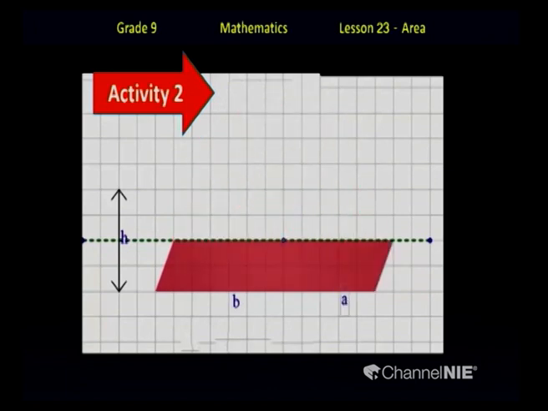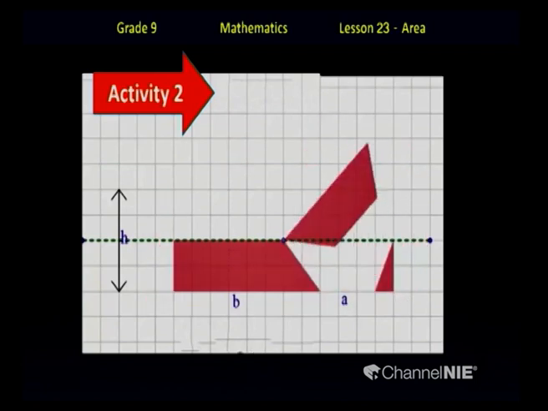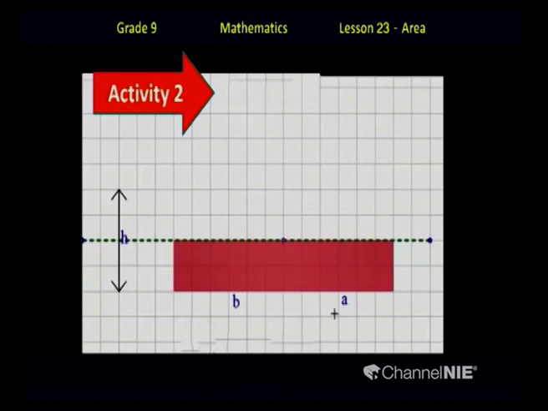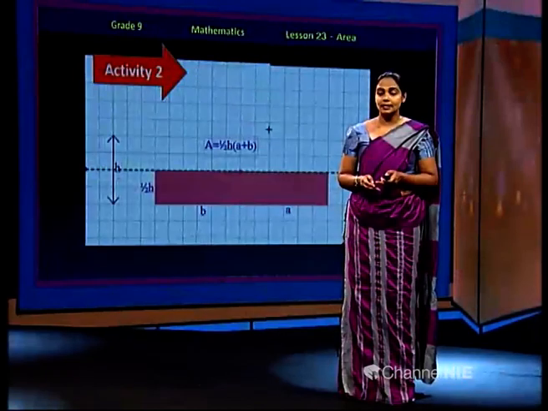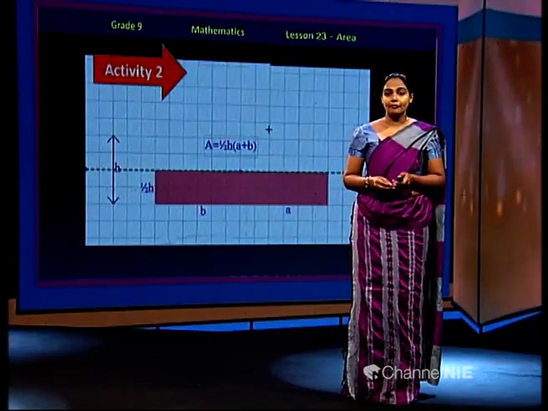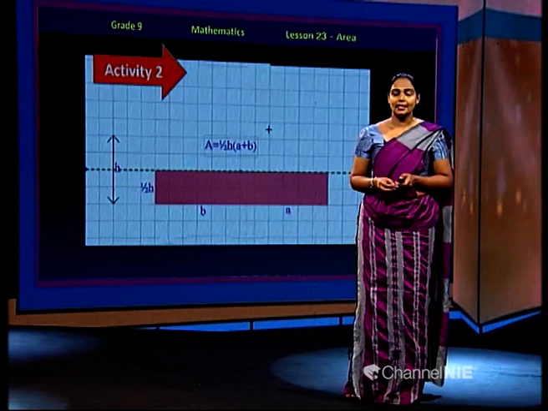It is a parallelogram. Now other side, triangular part is cut and it is fixed to other side of the parallelogram. Then you can see it is a rectangle. Then using the trapezium, we formed a rectangle.